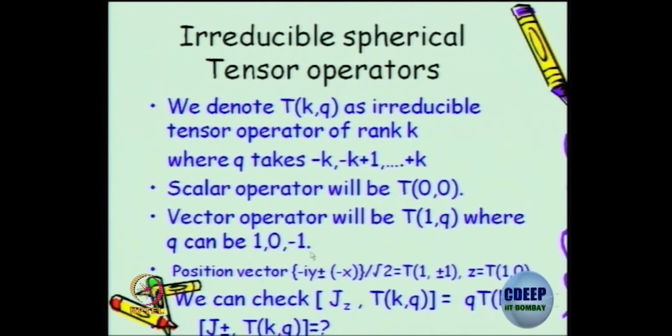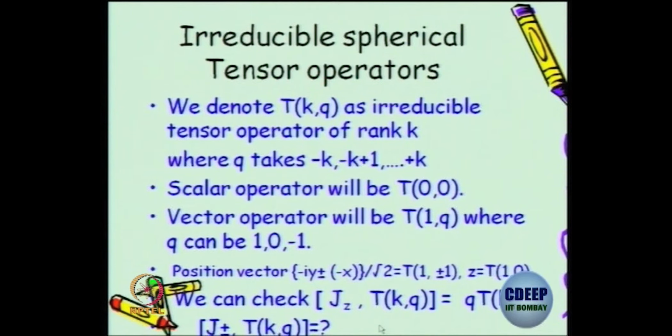Now you will ask, suppose you take the position vector, you know that the components are x, y and z, but to make contact with this formal notation, it's better to write them as complex coordinates. We'll see why we are doing this. The z component is T(1,0). The T(1,q) with q plus or minus 1, we will take it to be this, and we'll see why this is true.